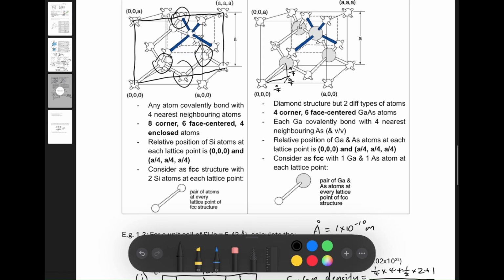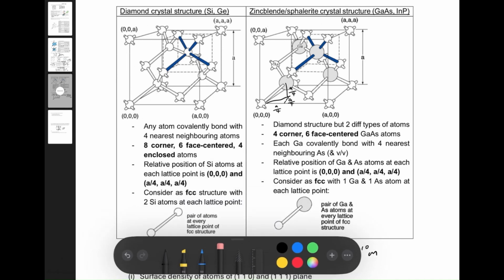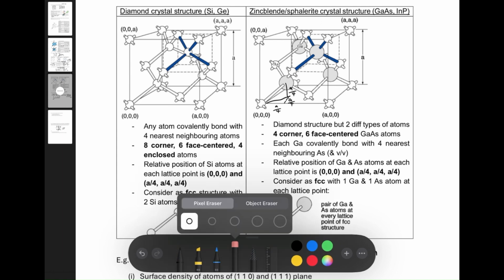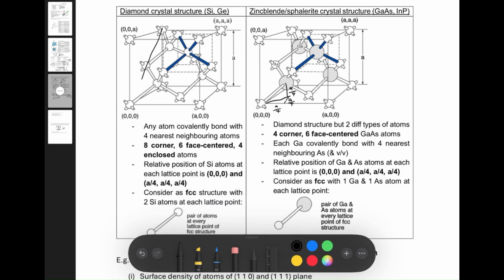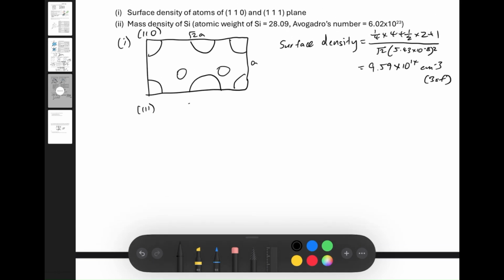So the 111 plane, I'm just going to erase this first. So the 111 plane is here, so it's this triangle. So you can see these 3 face-centered atoms lie on this triangle. So the 111 plane will look something like this.